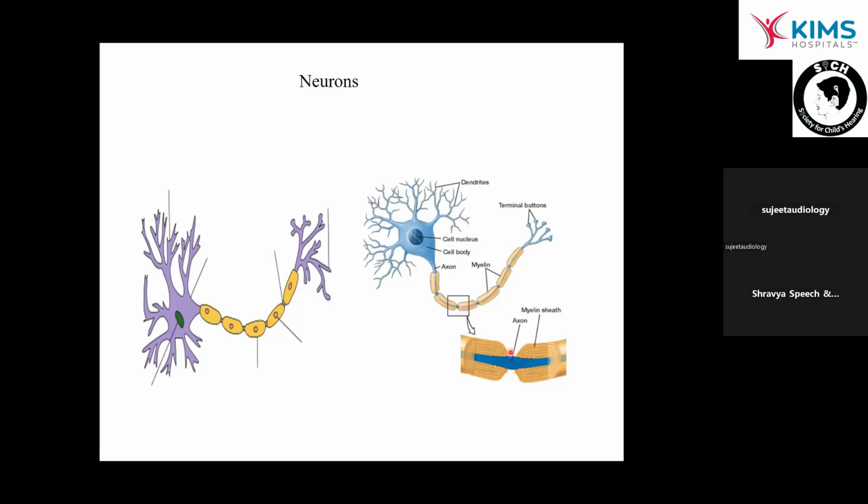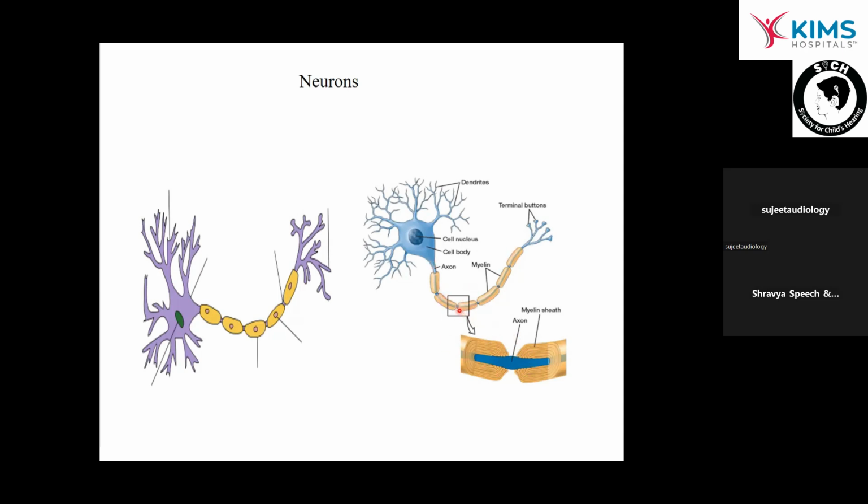Now the gap you can see is called the nodes of Ranvier, and there are specific ion channels which will work when the signal is coming. That means when the neurons are getting hyperpolarized, these channels will open, and then the signal will get conducted in the axon here.